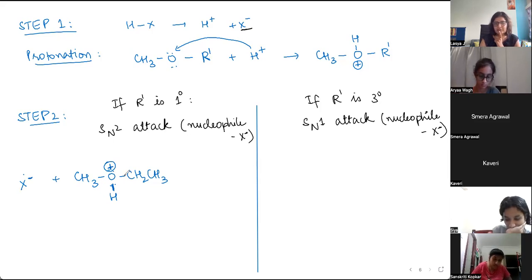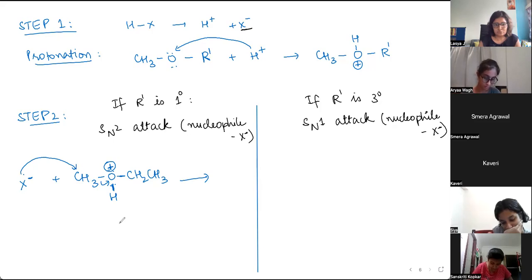As the bond breaks, this bond is created. It's easier for this one to leave. This will attack this while this goes here.